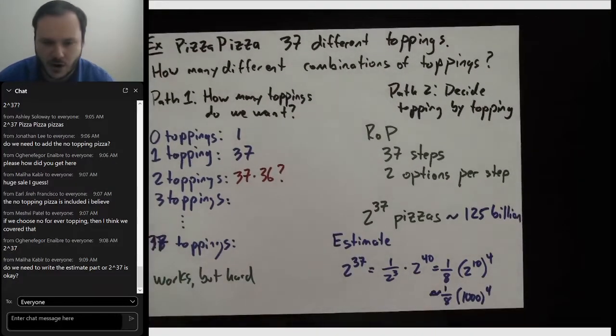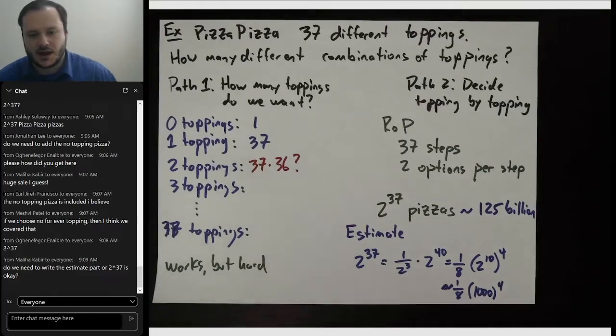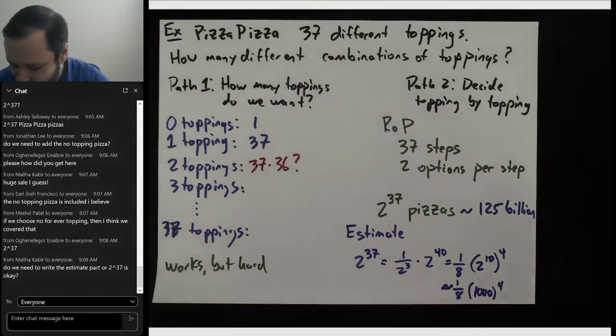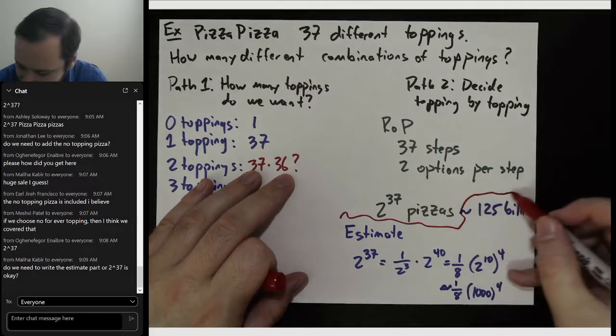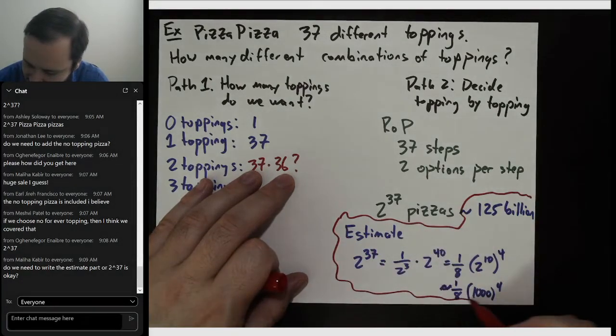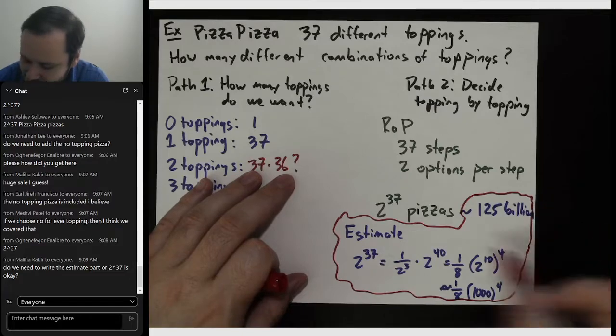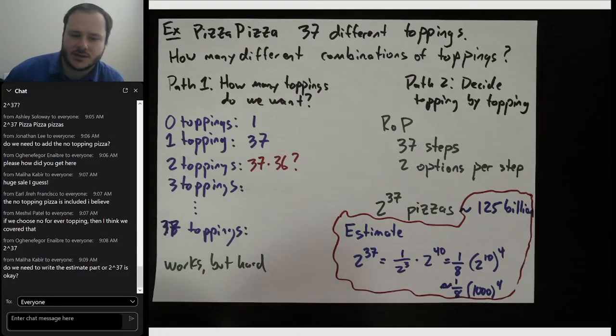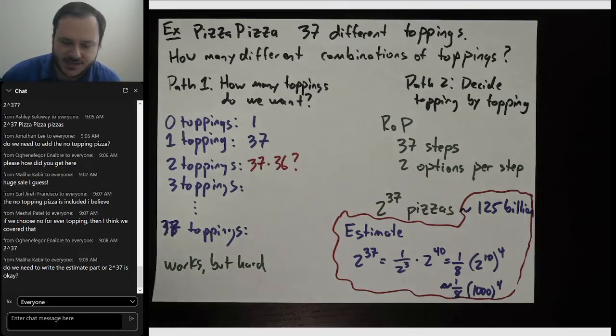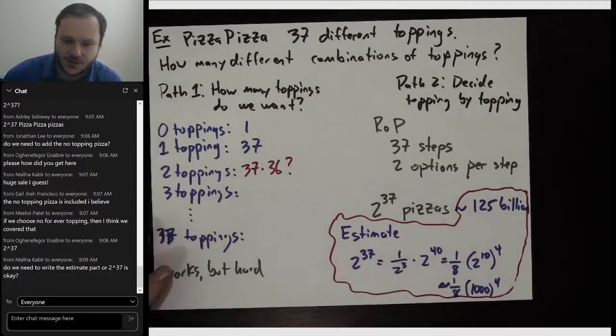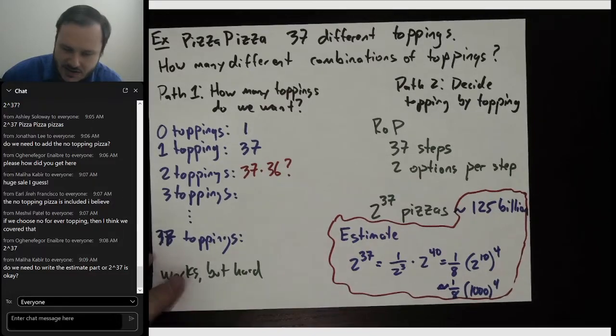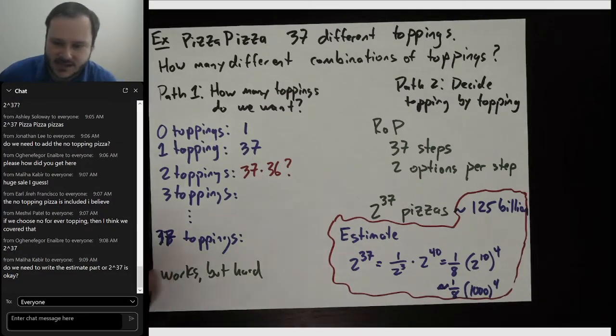Is the estimate part required? No, absolutely not. This can go off in the bonus content box. That's a little freebie. Estimating powers of 2 is a useful skill that if you're a computer scientist, you're really going to want to be able to do. Also, if you're a mathematician, frequently useful. But computer science comes up all the time. We want the answer in this class, 2 to the 37 pizzas. Since you don't have a calculator, you should not be able to find the exact answer.